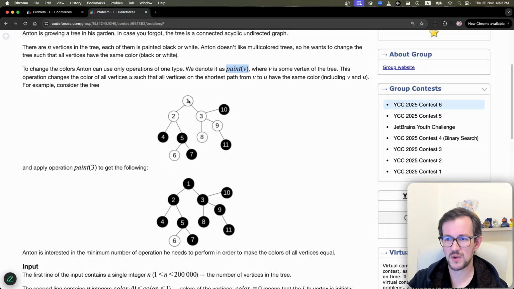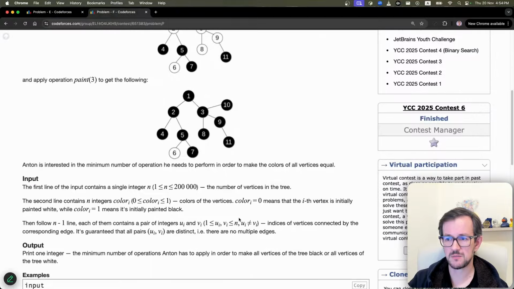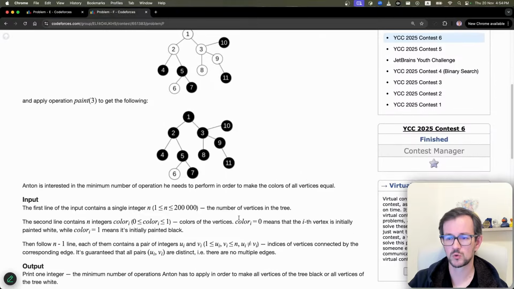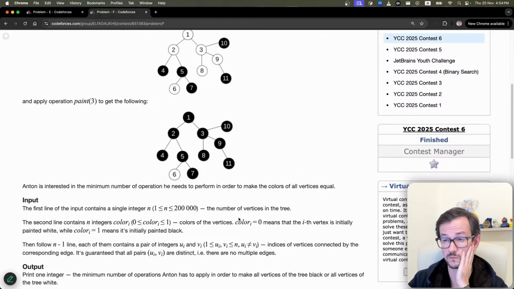You paint some vertex, and it paints a whole connected region of the same color. So if we paint here, then all this white region will be colored to black, like here. And the question is, what is the minimal number of operations we need to make all vertices the same color?